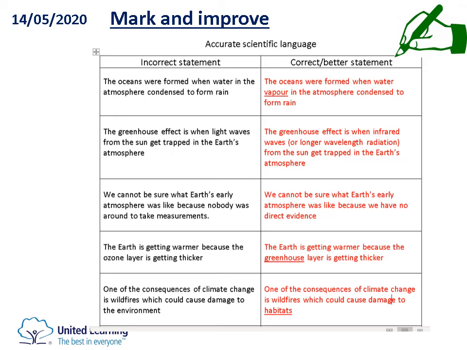Fourth one is just incorrect knowledge: we don't talk about the ozone layer, it's the greenhouse layer. Bottom one's about being really specific, so you need to talk about the impact of wildfires on animal habitats, not just the environment. Improve those if you need to, please.